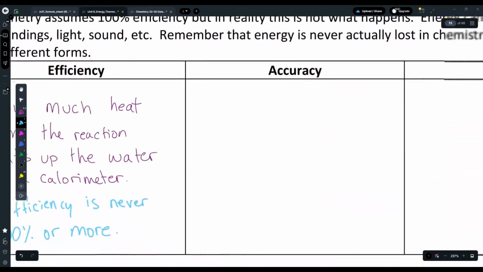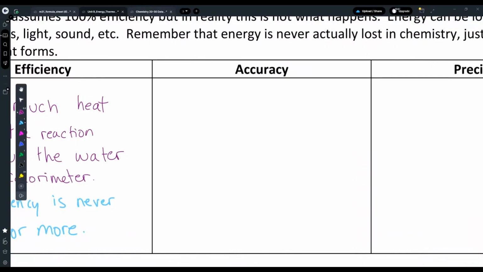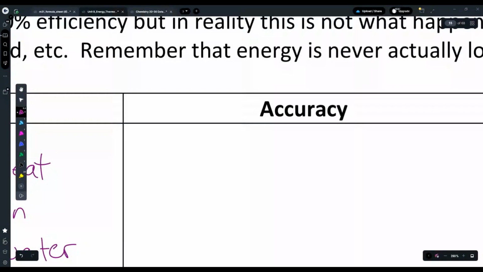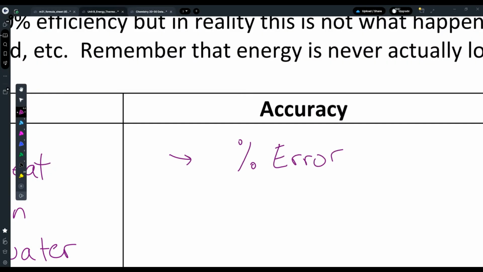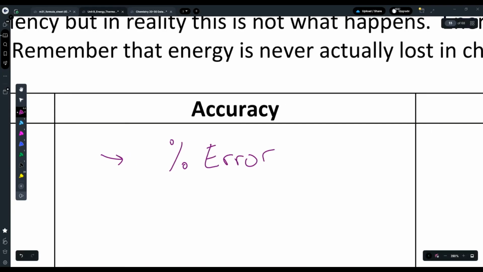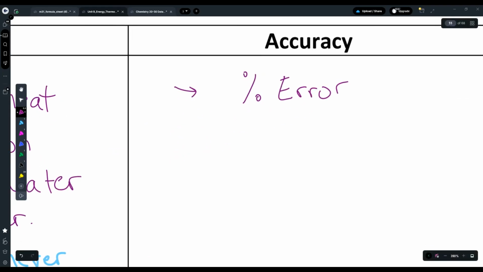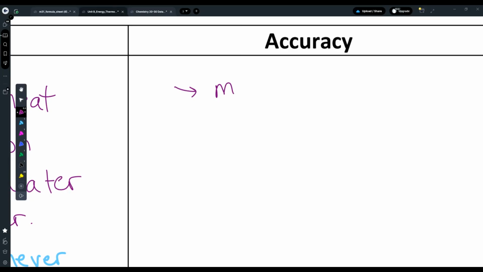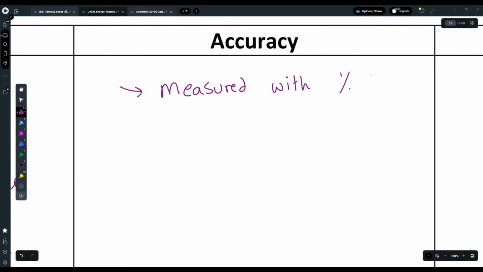Okay, so going to our notes here, with accuracy, how that applies to chemistry is we measure accuracy with percent error. So how far off from the value we were aiming for did we get? Actually, I'm going to say measured with percent error.